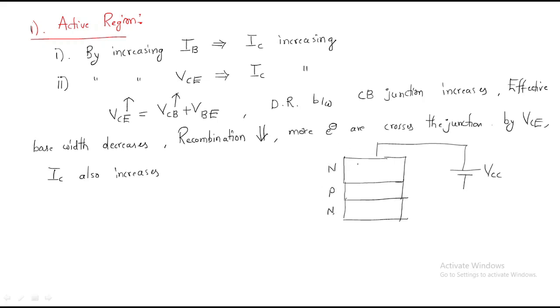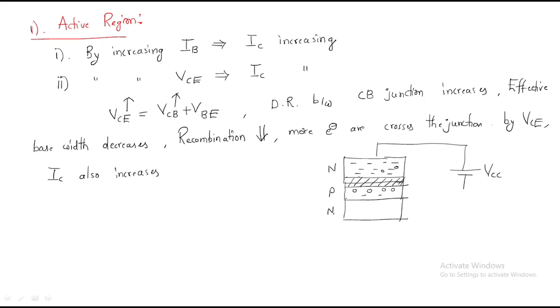N means more electrons are available and fewer holes are available. By increasing VCC, we generally have a depletion layer between these two points. This is the depletion layer.